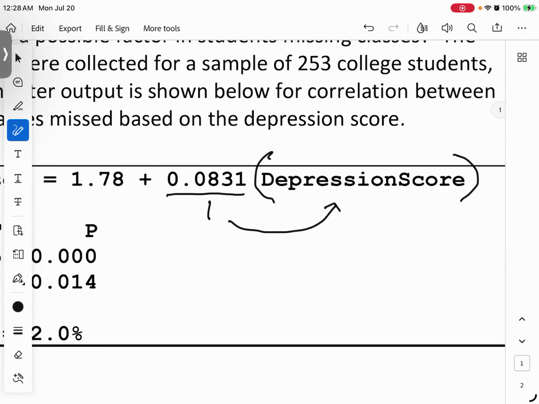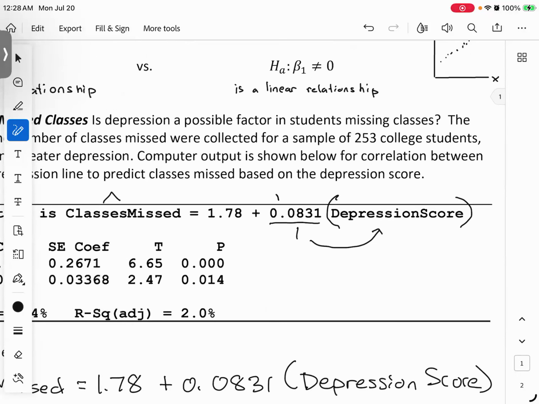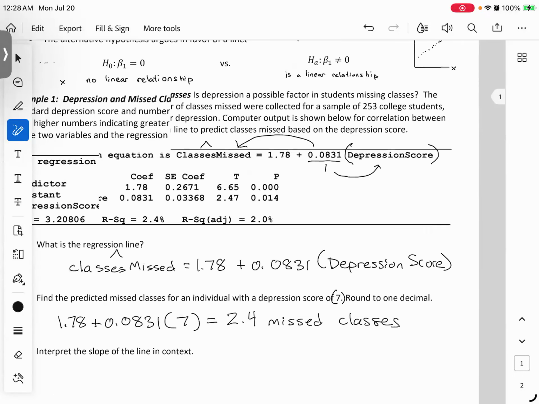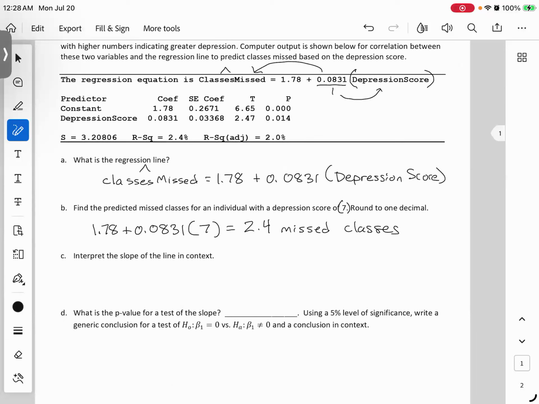For each additional increase in someone's depression score, every time that goes up by 1, the number of missed classes might go up by 0.831. And that's it, just a quick recall.